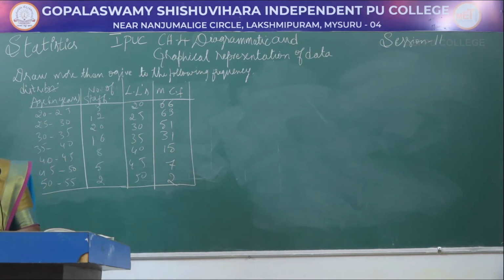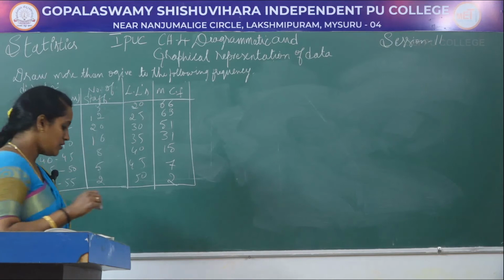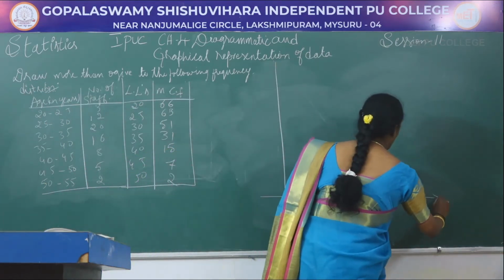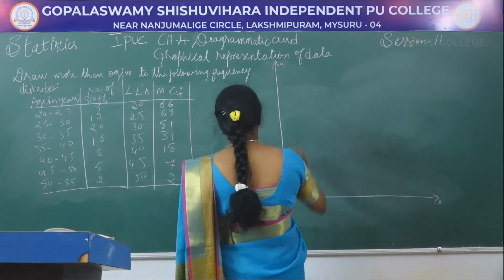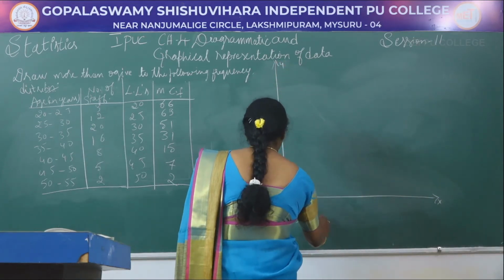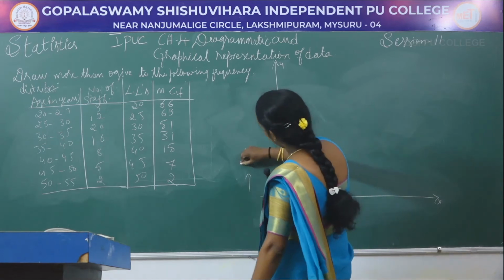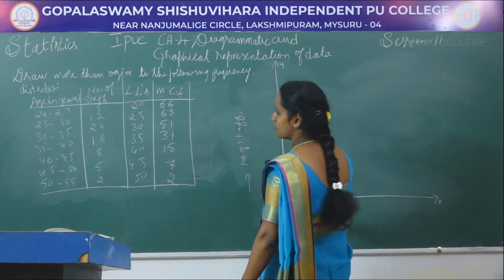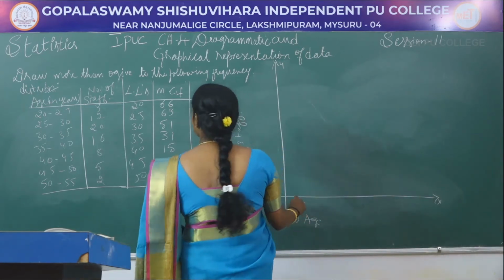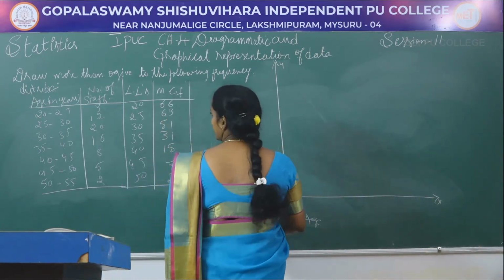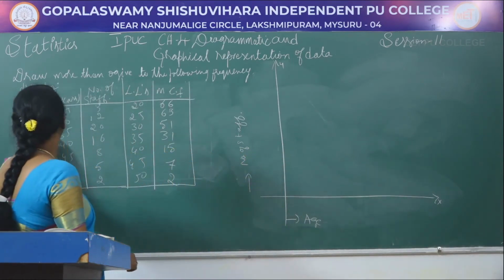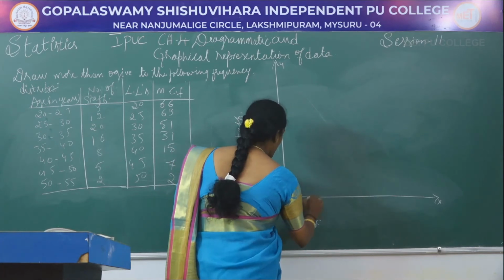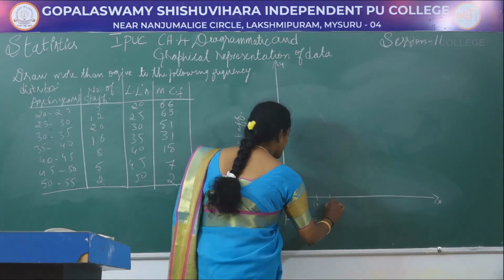Next we have to draw the more than ogive. In x-axis we will take the age. In y-axis this is number of staff members. Here I will start from 0, 5, 10, 15.